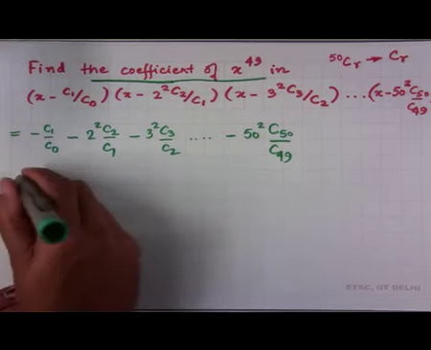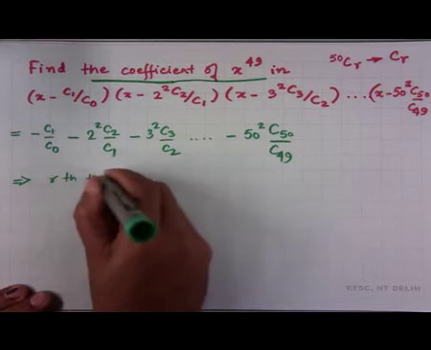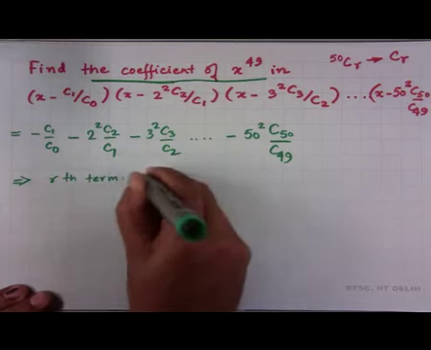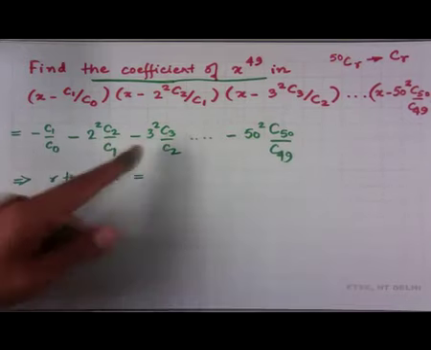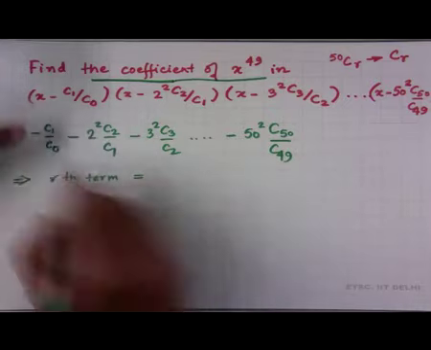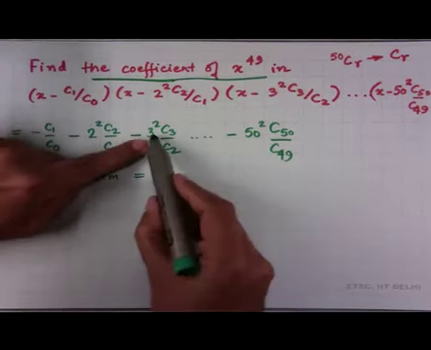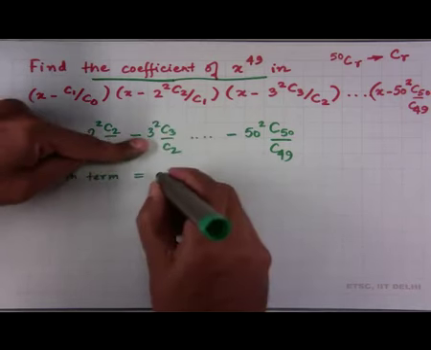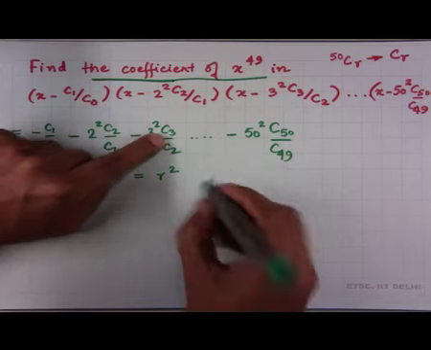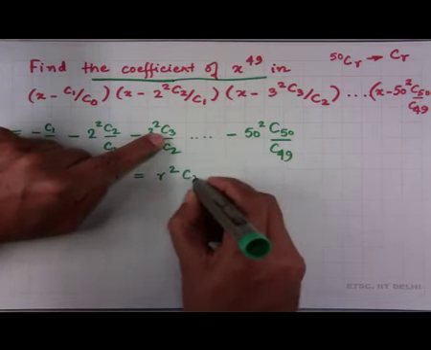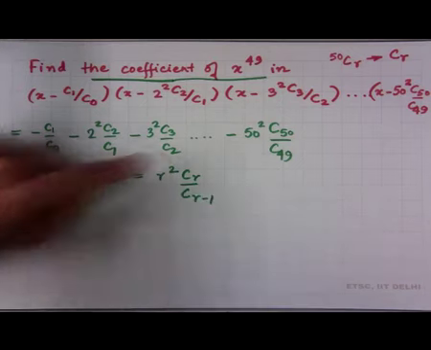So, the rth term in this series, if I pick the rth term, let us say first term, second term, third term. The third term starts with 3 squared, so the rth term will start with r squared, and then the third term has C 3, so this will be C r by C r minus 1.